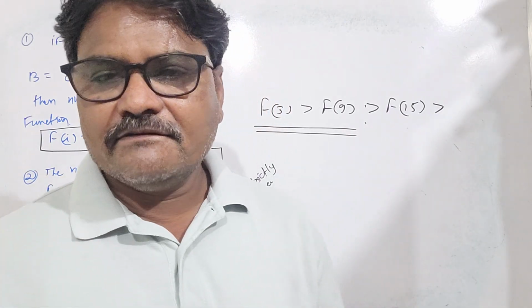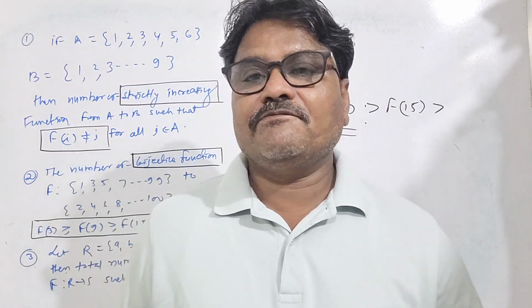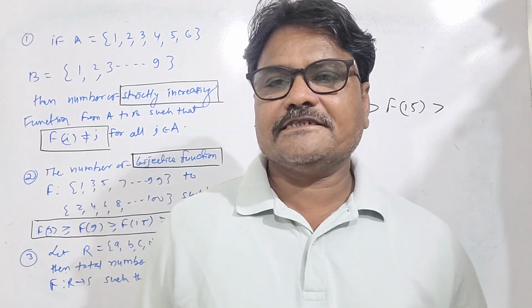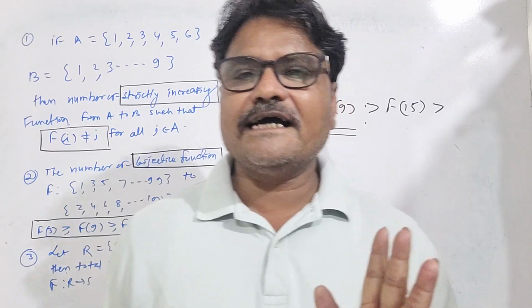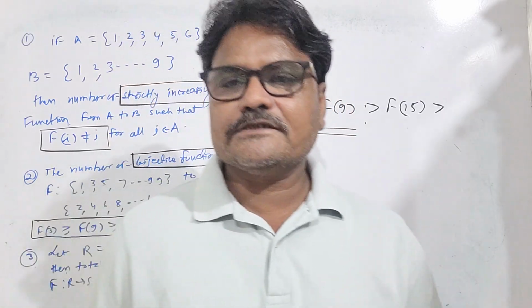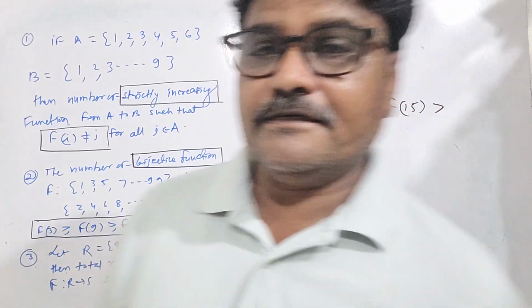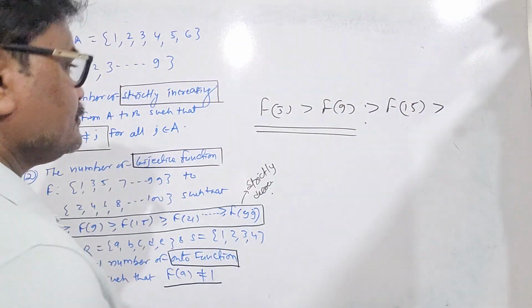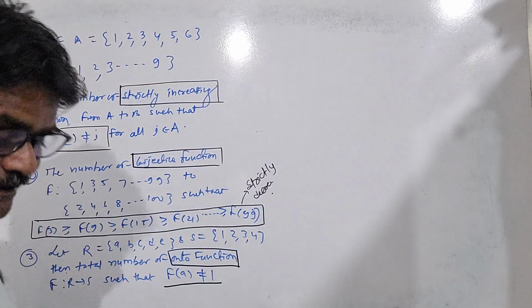You cannot find out the number of functions by using some kind of formula directly, because restrictions are different in every question. So keeping in mind those restrictions, we have to solve such questions, and therefore these questions become difficult, but you have to understand them. So let us solve one by one. We understand these 3 varieties of questions.